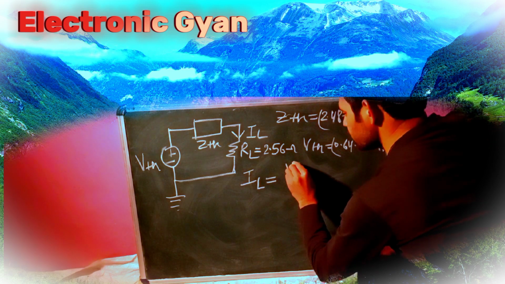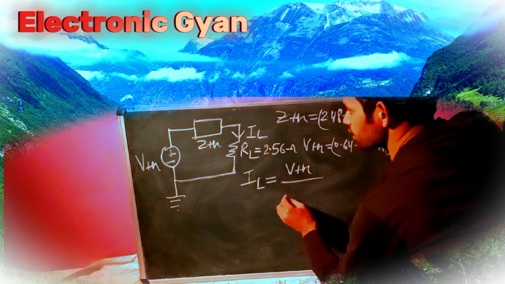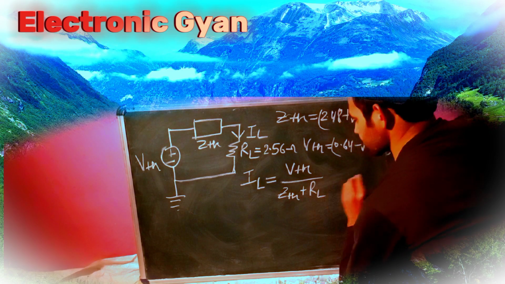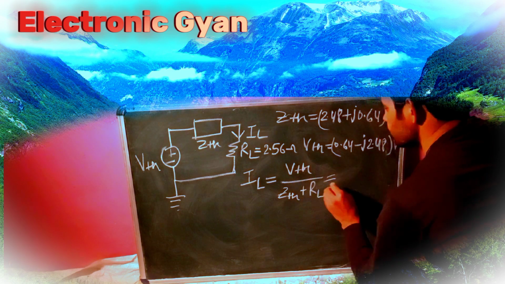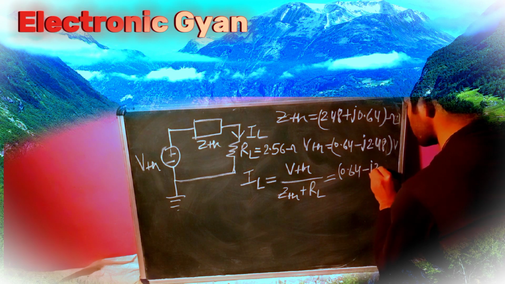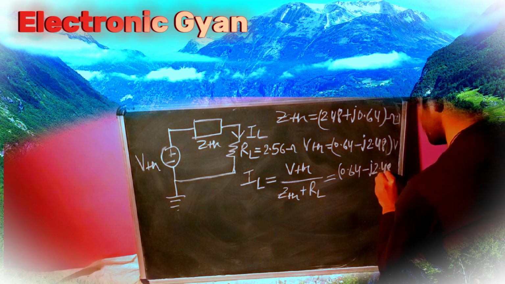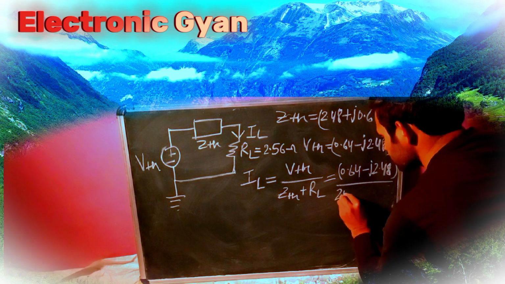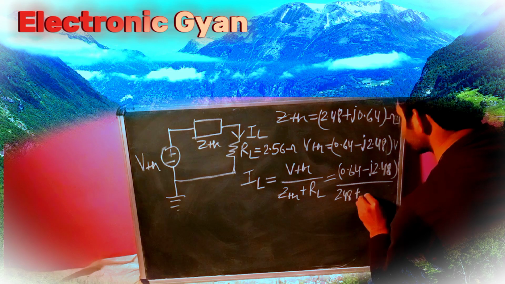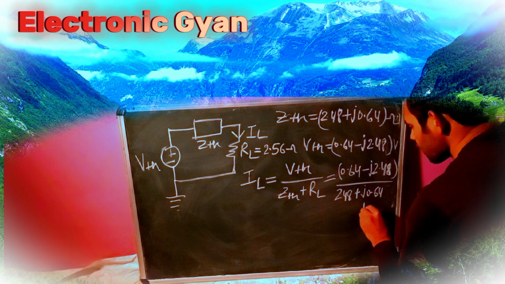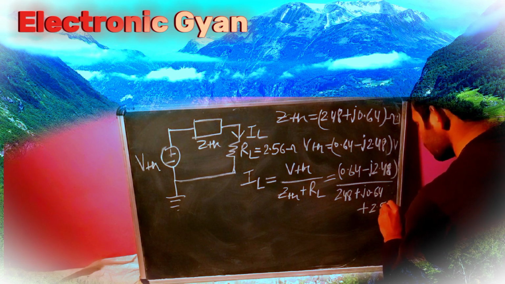Load current is nothing but VTH divided by ZTH plus RL. Here VTH is 0.64 minus j2.48, divided by ZTH, which is 2.48 plus j0.64, plus RL, which is 2.56 ohm.